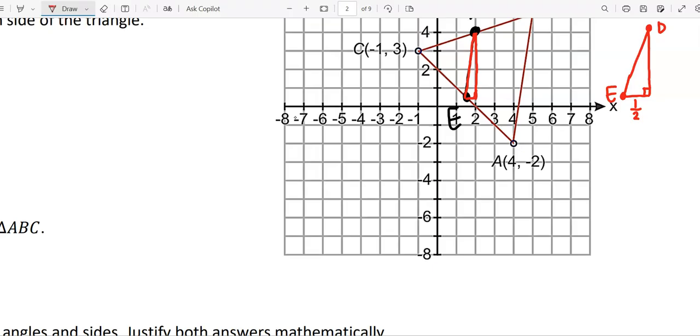How long is the vertical side? This side. Is what? 3.5. What 2 numbers do you divide to get 3.5?